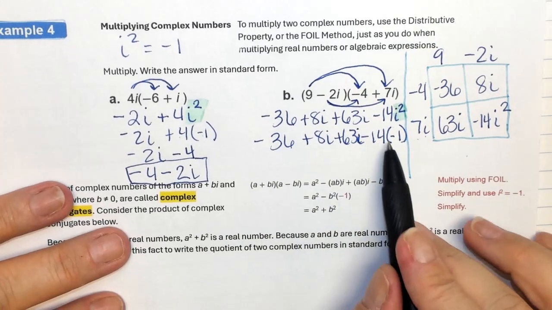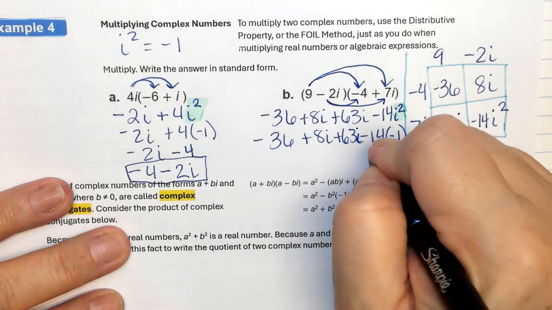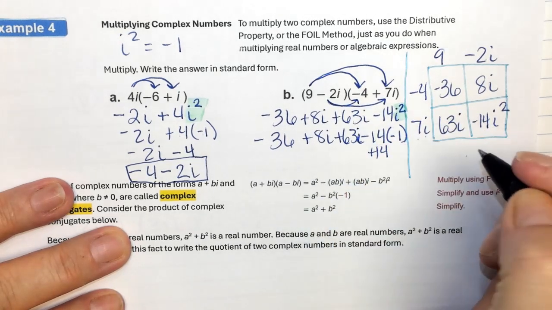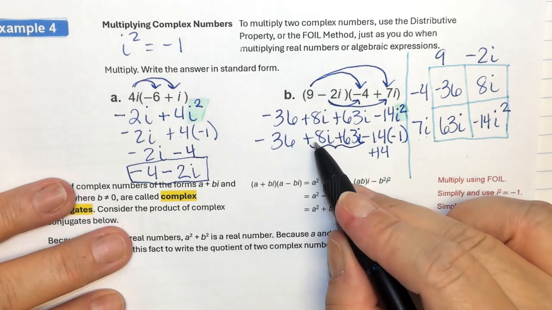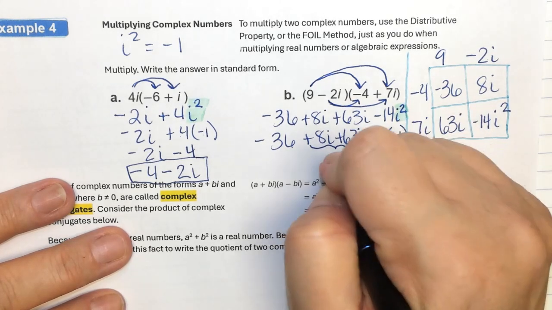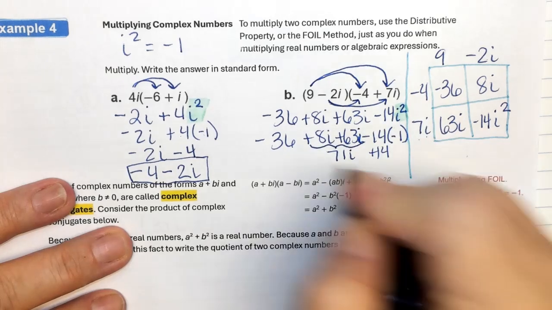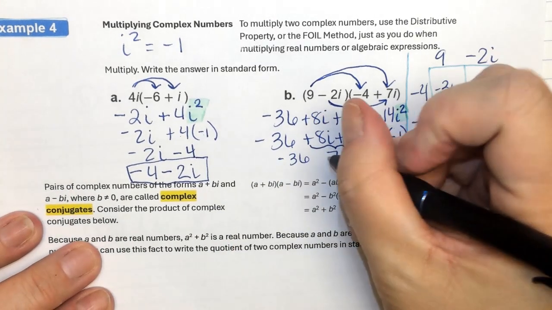All right, so now we're going to simplify. So we got -14 times -1, that gives us positive 14. If you want to, we can go ahead and combine these two together. So if we add 8 and 63 together, we would get 71i. And then we have this minus 36. So we can actually, oh, that's positive.